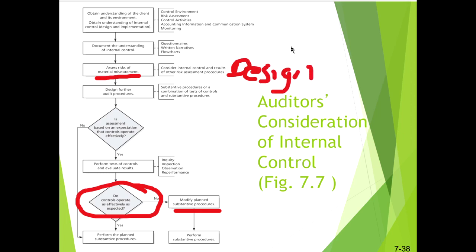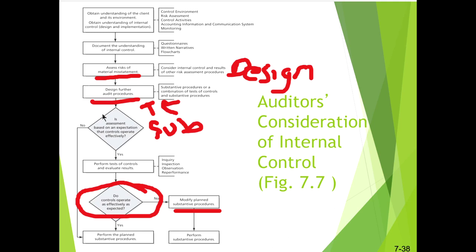Thinking about the design of the internal controls, and so we're planning the test of controls, and we're planning the substantive testing. I'll just put a sub there. So those are the two procedures we're planning.